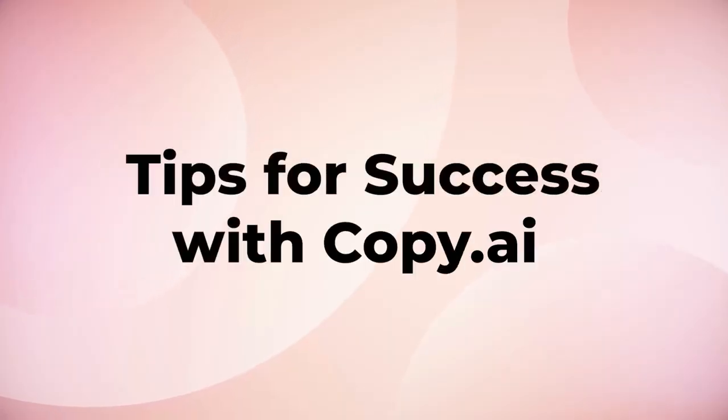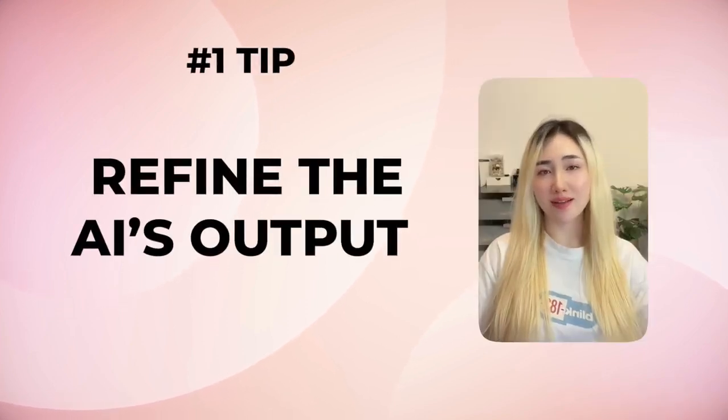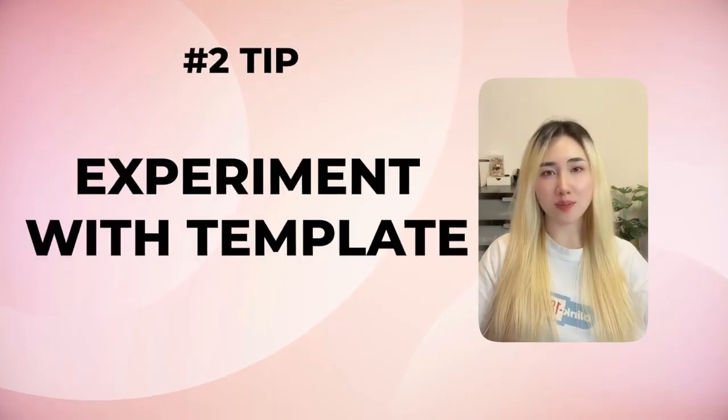And here are a few tips to help you succeed with Copy.ai. The first tip is to refine the AI output. Don't rely on the first draft. You should edit for accuracy and tone to make the content truly professional. Think of AI as your starting point, not the final product. The second one is to experiment with templates. Explore the wide range of templates Copy.ai offers.